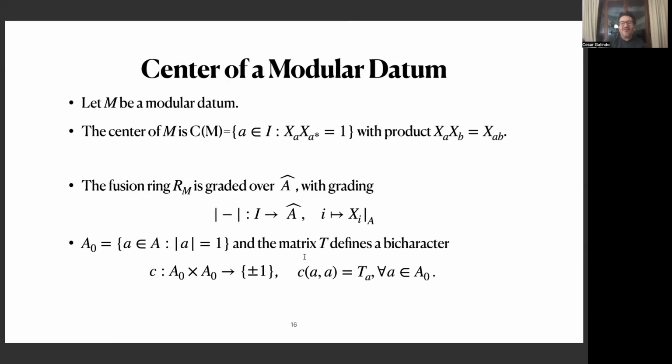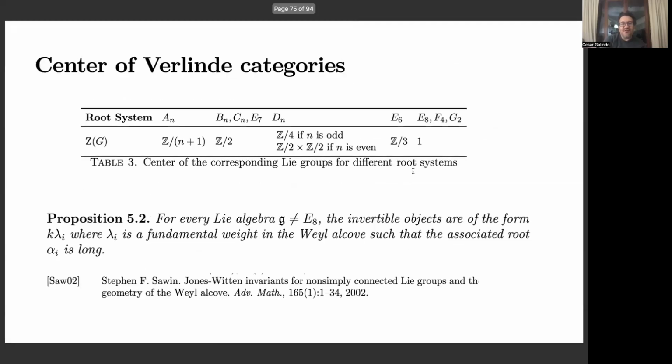This happens if the modular data came from a modular category. So this is a condition that we will always have, because the fusion category associated with this part should always be what is called symmetric. So this bicharacter should always exist.